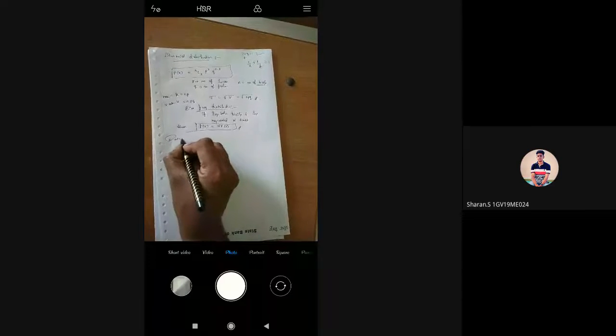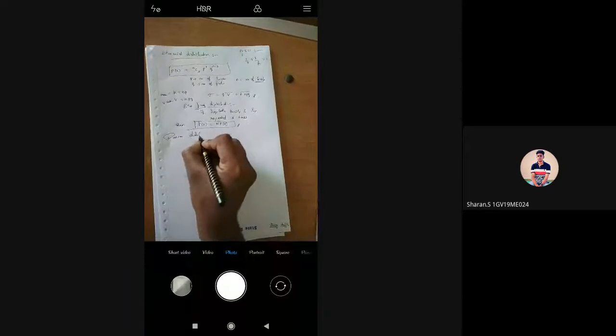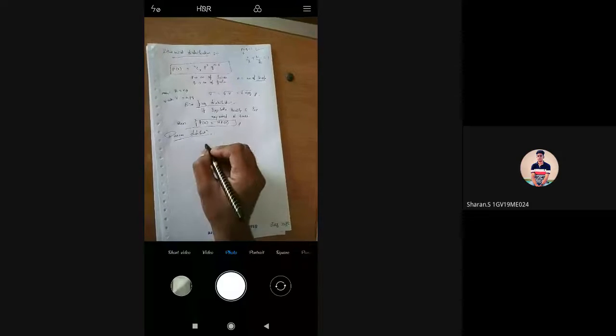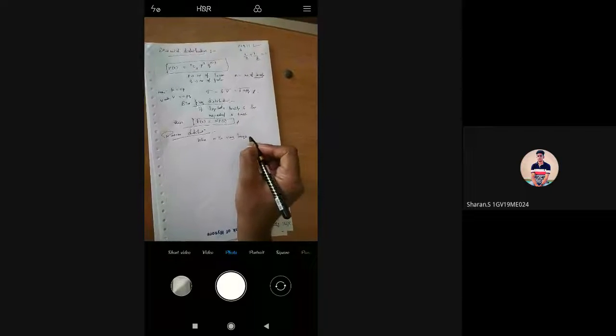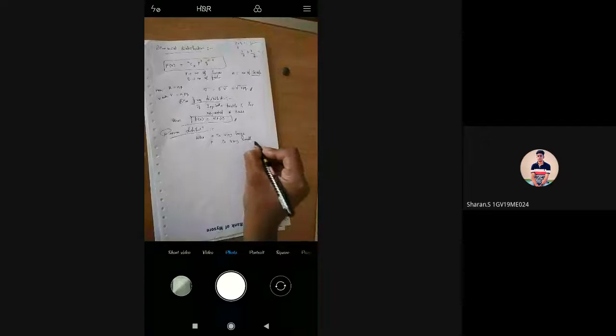Next, Poisson distribution. It is also the same thing, but when do we use Poisson distribution? When the number of trials is very large and small p is very small.